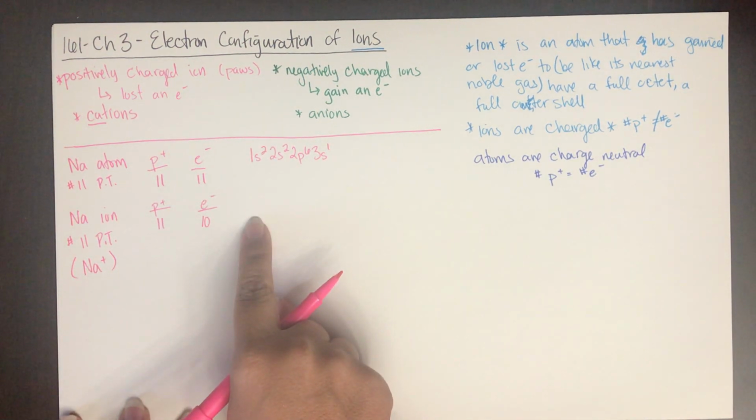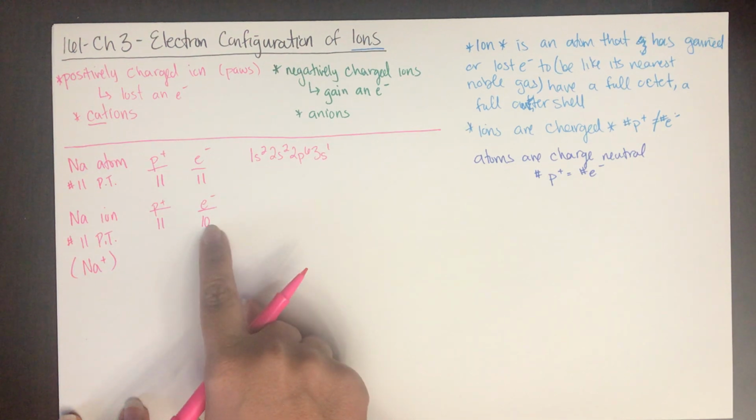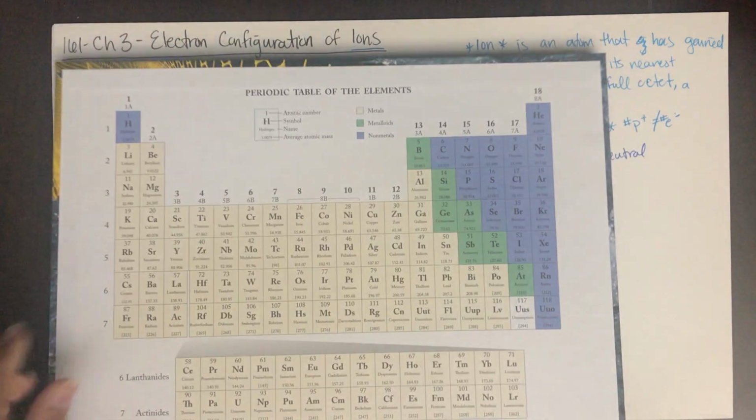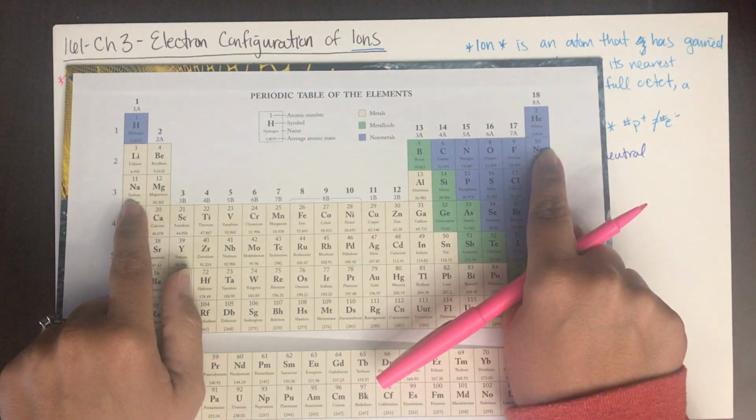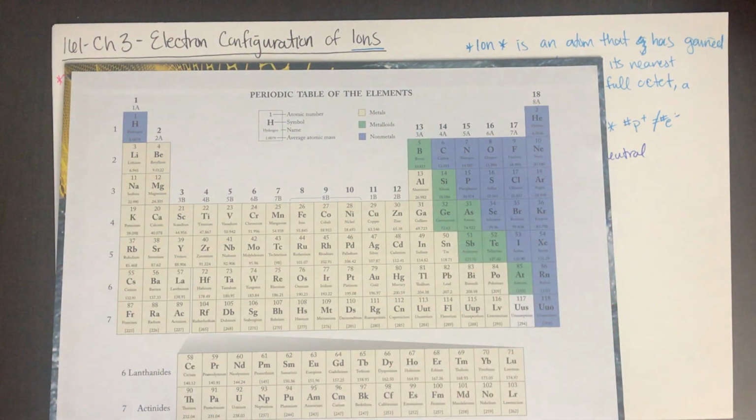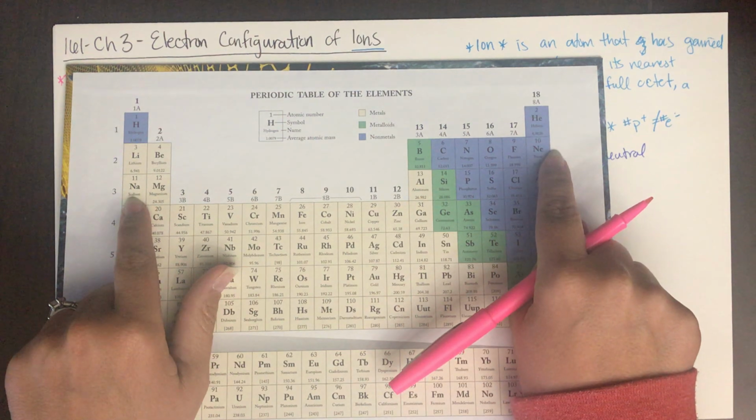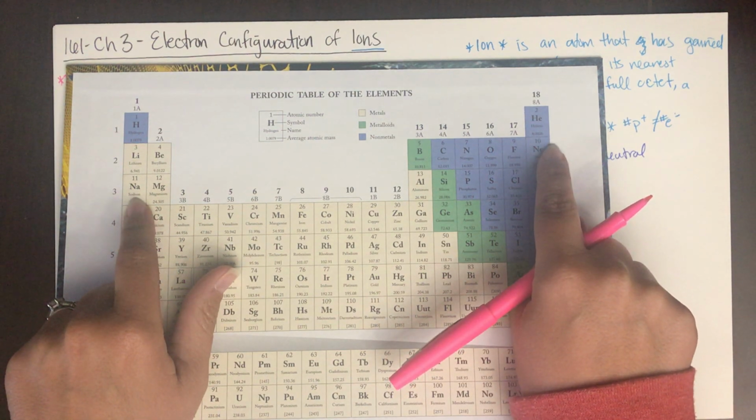So now let's write the electron configuration. It only has 10 electrons because it's going to have the same electron configuration as neon. It has the same electron configuration because it's lost 1 electron. This is called being isoelectronic, meaning it has the same number of electrons.